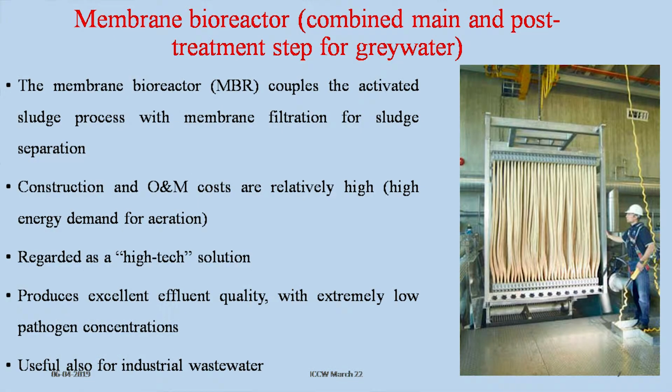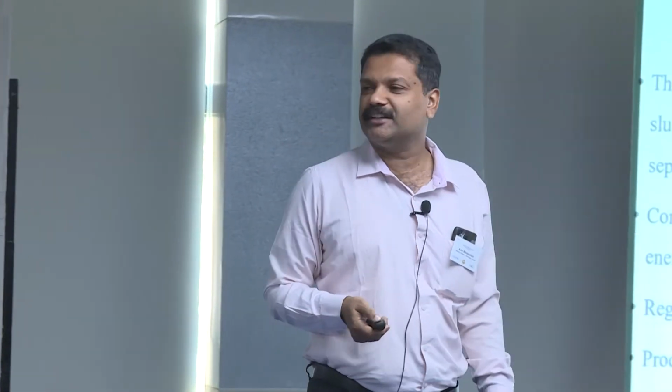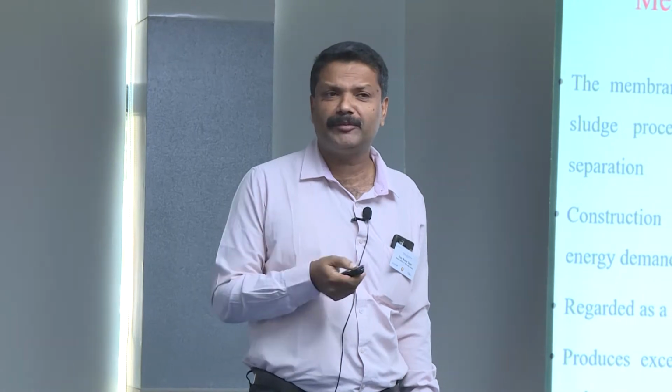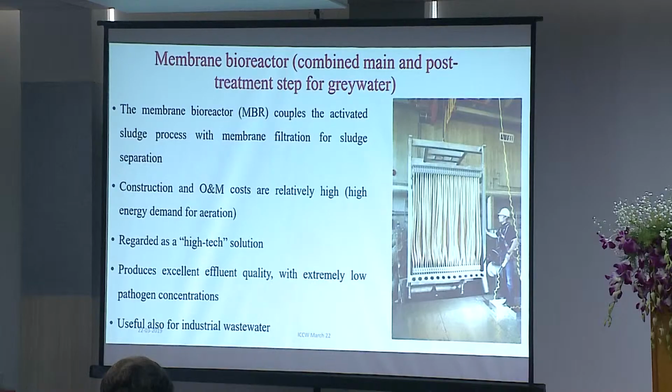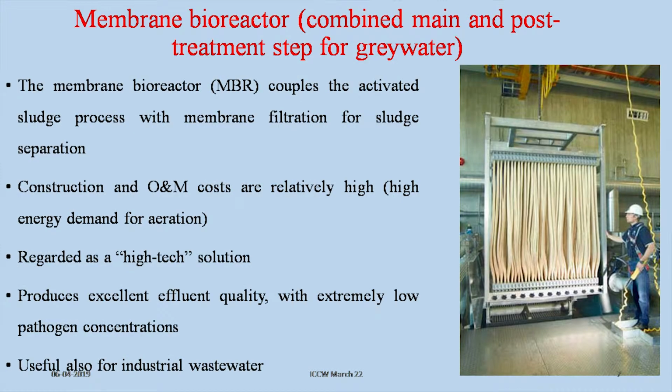So what I am going to propose here is the membrane bioreactor. This is one of the best methods for the economical treatment of grey water. Of course, this is not a new technology. Membrane bioreactor technology was reported sometime during the 1960s itself. However, during that time, initial such experiments failed mainly because of the severe fouling observed in the membranes.